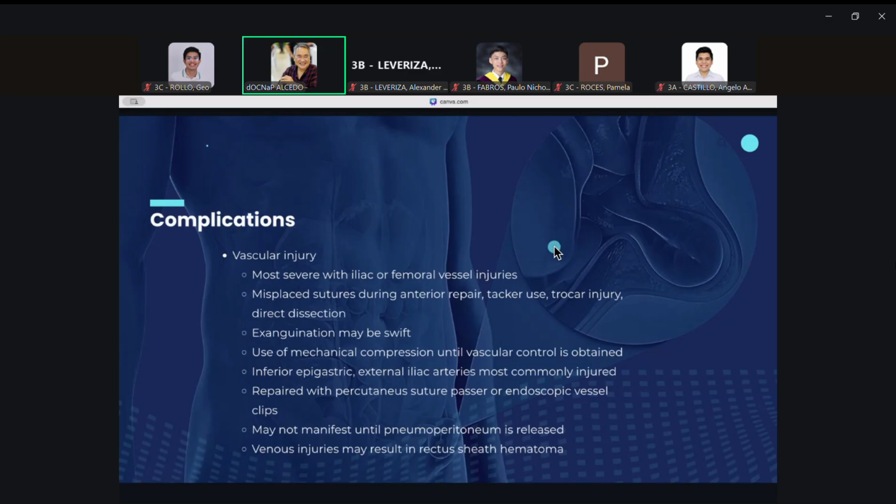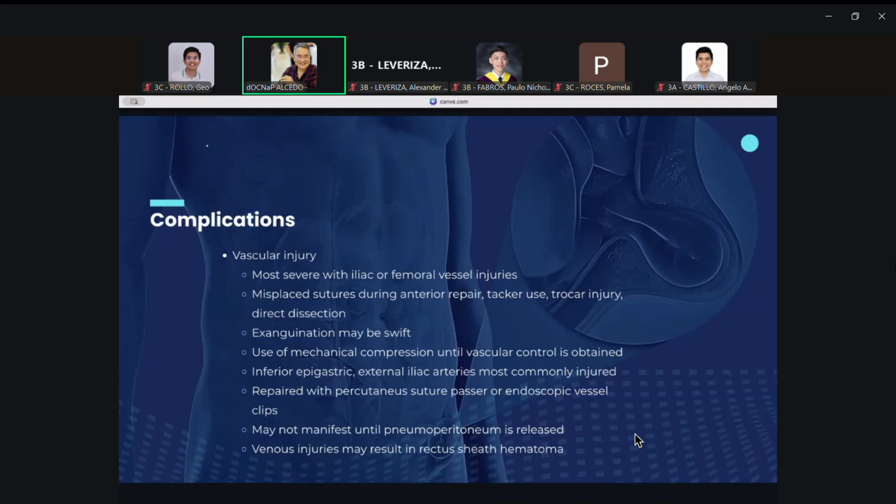That's why it is very important to take note of all of these landmarks, the triangle of doom, triangle of pain, when you do your minimally invasive procedures. You can just look it up in your textbook. Okay? Sometimes bleeding does not occur until you terminate your procedure or decompress the abdomen, because the pressure in the abdomen is high when we do laparoscopic repair, because of the infused carbon dioxide in the abdominal cavity.